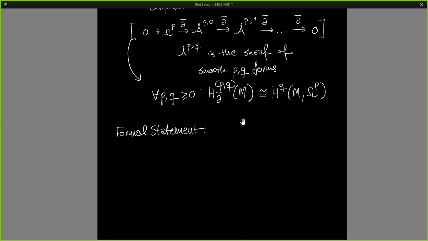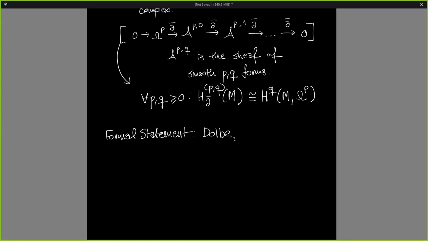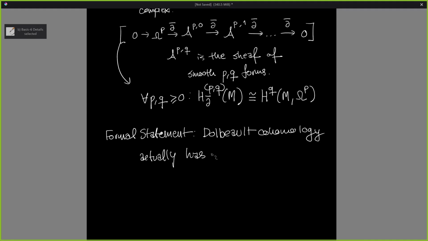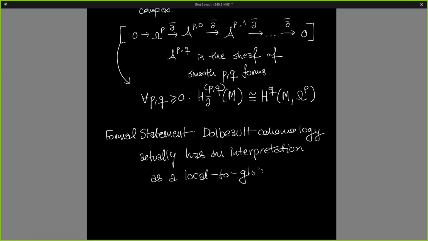This is the formal statement that the Dolbeault cohomology has an interpretation as a local to global obstruction detector, because that's what the sheaf cohomology is, right?